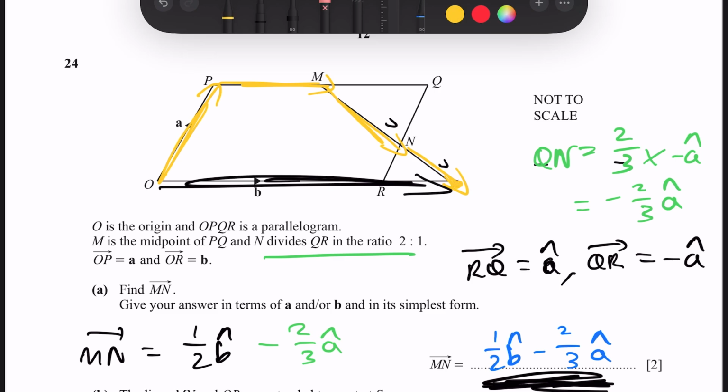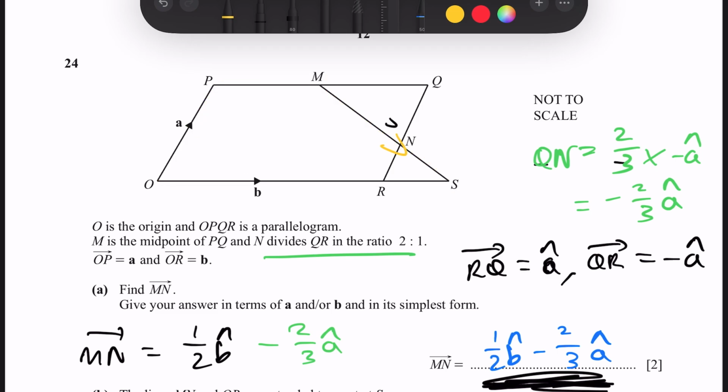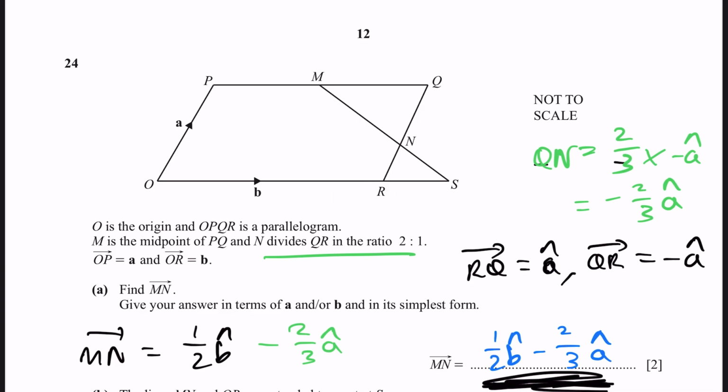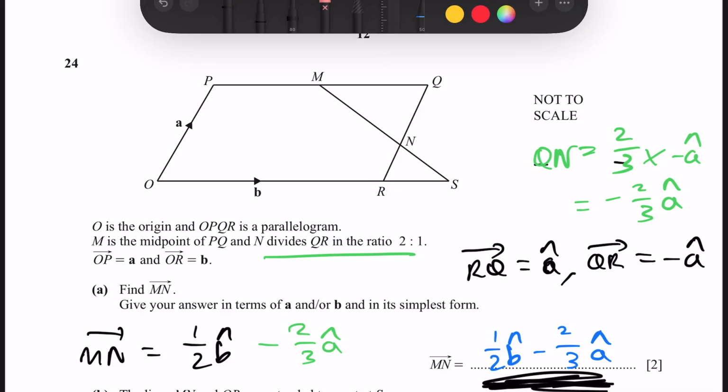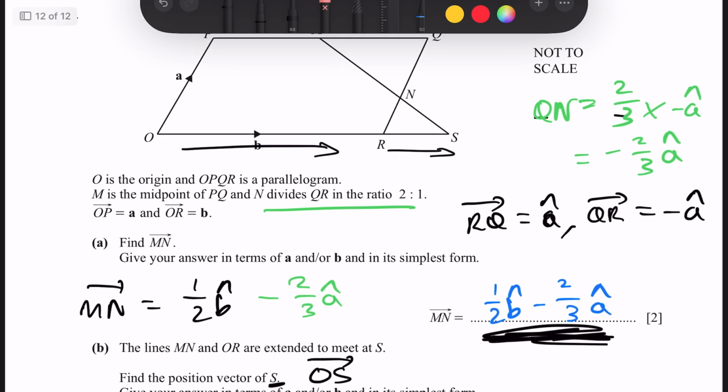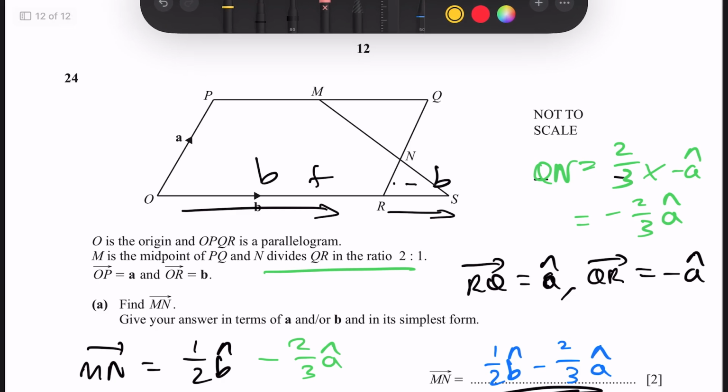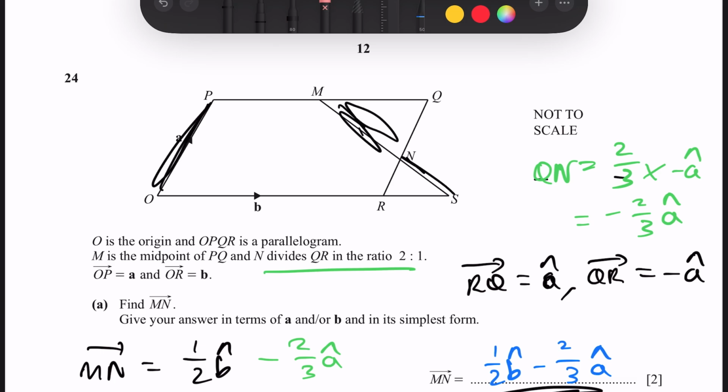This means that if OS can be seen as OR plus RS, where RS is also something B, so B plus something B, this means that even if we add OP to PM to MN and NS, it should still end up being B plus something B. And since there's no A component, all the A's that are accumulated through OP plus something MN plus something NS, all these different A components would cancel out.